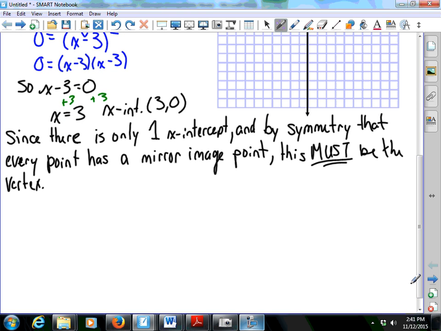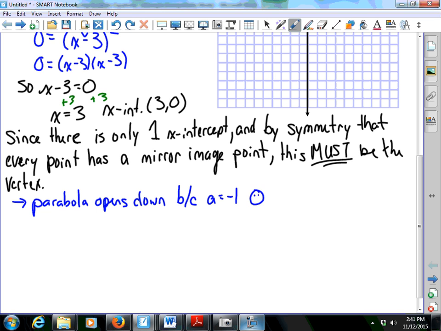So the first thing I need to write is parabola opens down, because a is negative 1 and I'm sad, which means I'm going to open downwards.